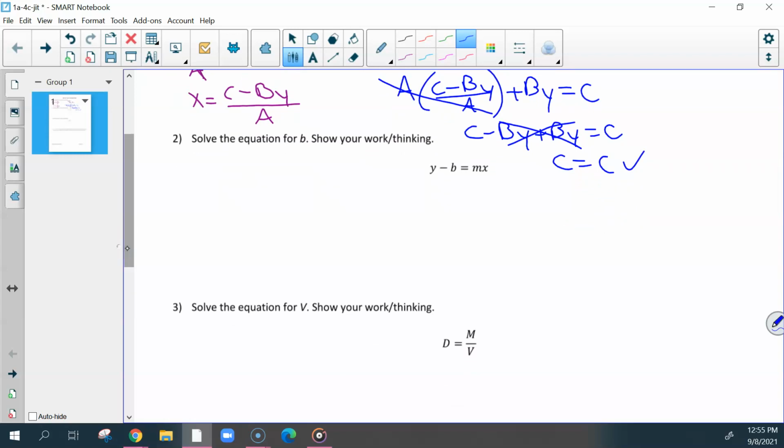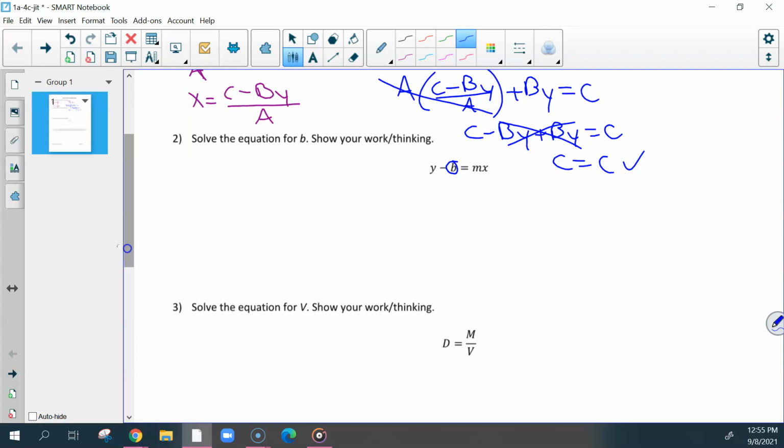For number 2, there's really 2 ways you can look at this. It's really your preference, which one you prefer. If we're trying to get b by itself, we need to get rid of y and the negative in front. How would we start that?